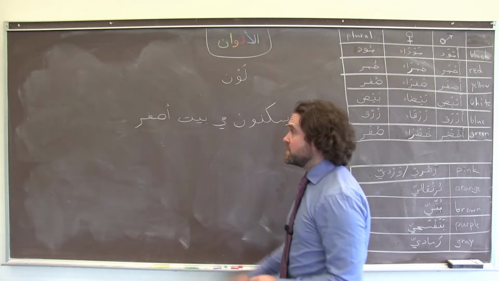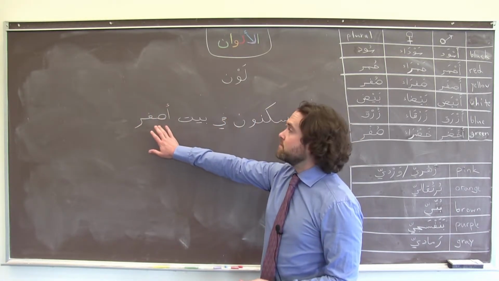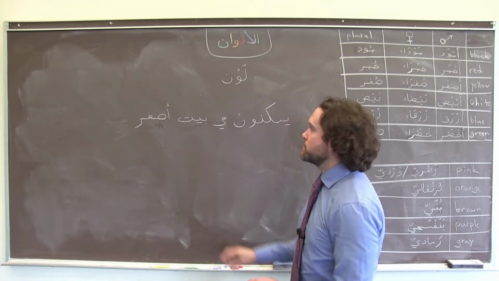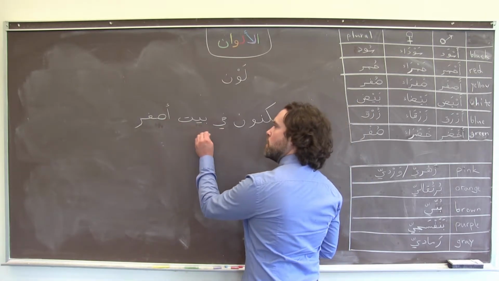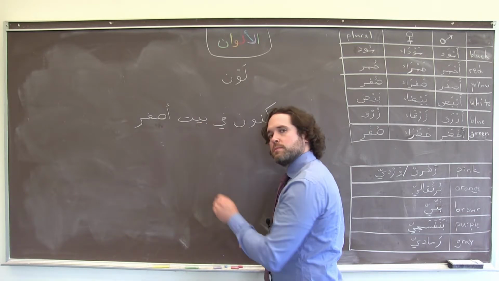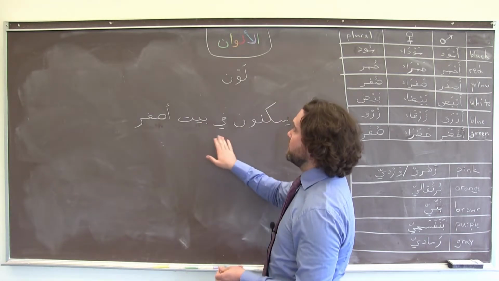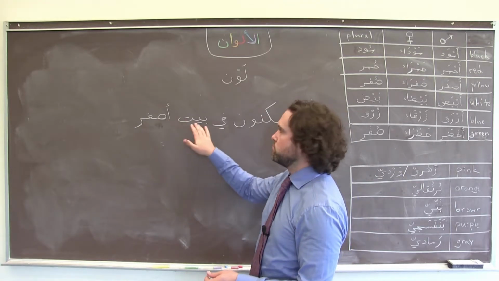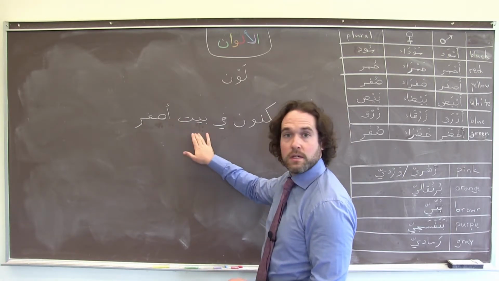Just like all other adjectives, our color adjective goes after the noun it's describing. And it also agrees with its noun in terms of definiteness. So they live in a yellow house, بيت أصفر. No alif lam on either word.